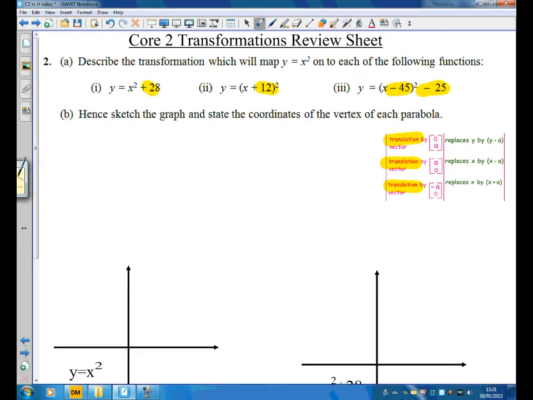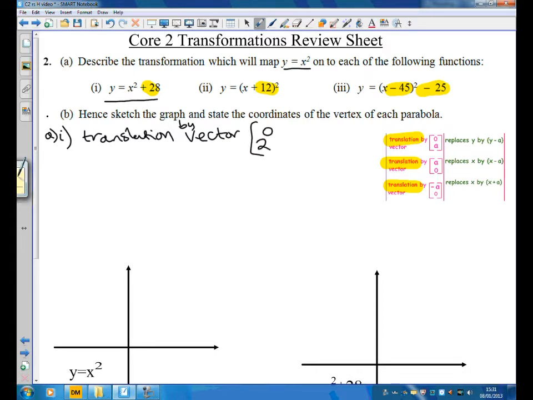So describing the transformation, in the first one, so A part 1, we've gone from y equals x squared to y equals x squared plus 28. So we've added 28 onto the right hand side of the equation there. Now this is a translation upwards, so it's a translation by the vector 0 in the x direction and 28 up in the y direction.